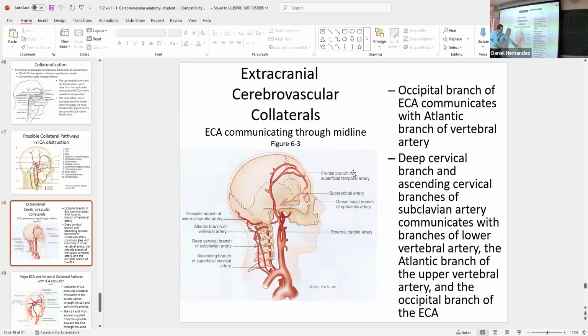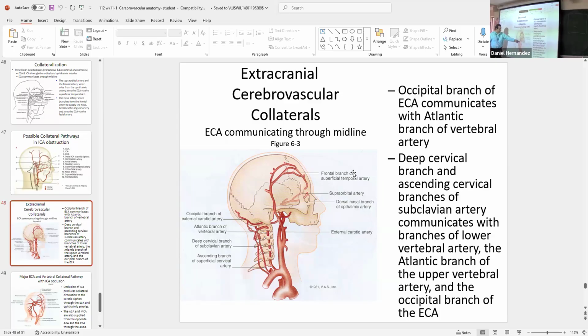In addition to those branches off the subclavian artery, the cervical arteries, we also have the occipital artery, which is a branch of the ECA that runs back towards the occiput, the back of the skull. Back there, we know the vertebral arteries enter through the foramen magnum, the hole in the back of our skull.